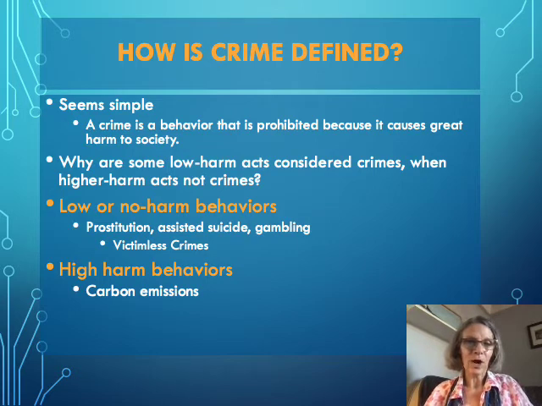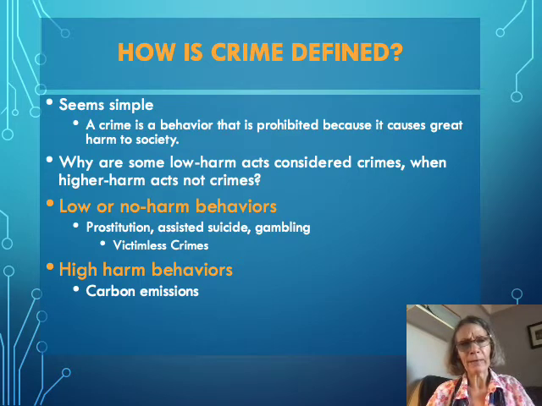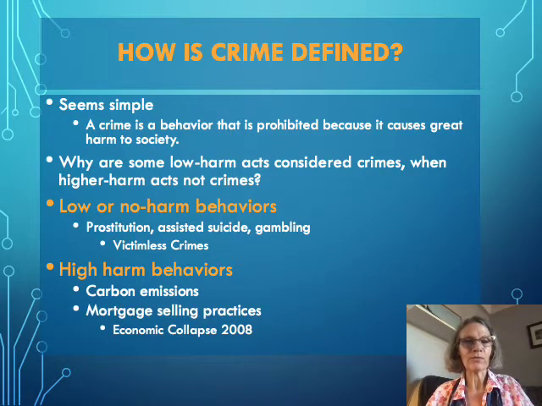Because carbon emissions relate to changes in climate, and changes in climate oftentimes lead to increased hurricanes, wildfires, a whole host of problems, rising ocean levels, etc. So there's a behavior that has clearly a victim, clearly harmful, but it's not criminal to emit carbon into the atmosphere. Another example is the mortgage selling practices.